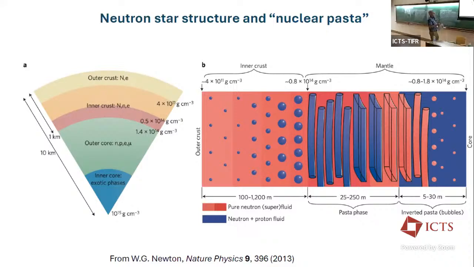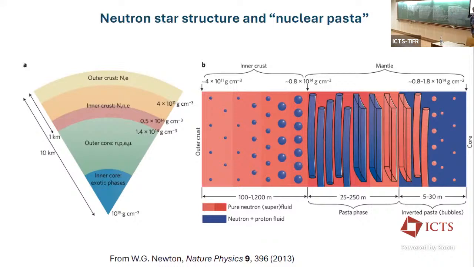I just want to point out that in this region where you go from the outer crust into the core, we have this possibility of nuclear pasta, where we go from more or less pure neutron superfluid with occasional heavy, neutron-rich nuclei, to vast agglomerations of those neutrons into spaghetti-looking things and lasagna-looking things.